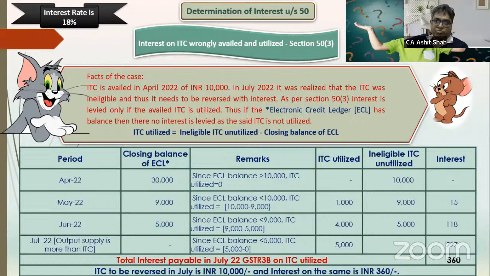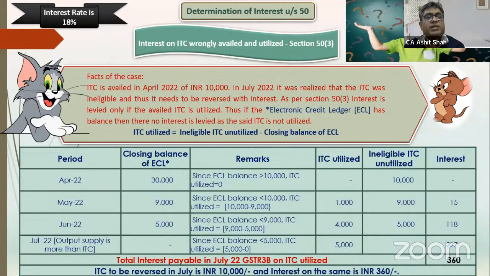But if we see in the law, nowhere does the law say that input tax credit will be again bifurcated into C, S, and I. So in my view, if you have balance in another account, you can very well adjust it, and only on the balance portion the interest liability has to be worked out. I think in certain judicial pronouncements also, I don't recollect the citation, it has been held that if you have a liability in C plus S and you have balance in I, then definitely no interest liability would arise.